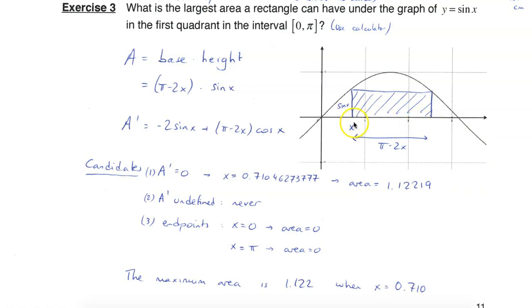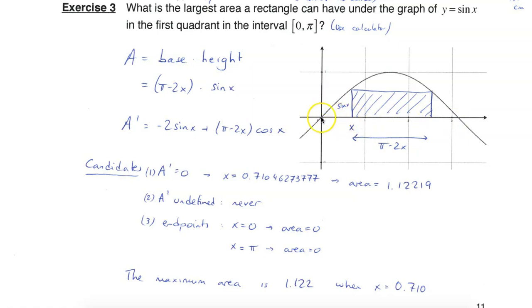So the area of a rectangle is base times height, and it's not that obvious to notice that if I call x the value here, then the base of the rectangle is pi minus 2x. Why is it pi minus 2x? Because from 0 to here we have a length of pi, and then we are subtracting x on this side and x on that side.